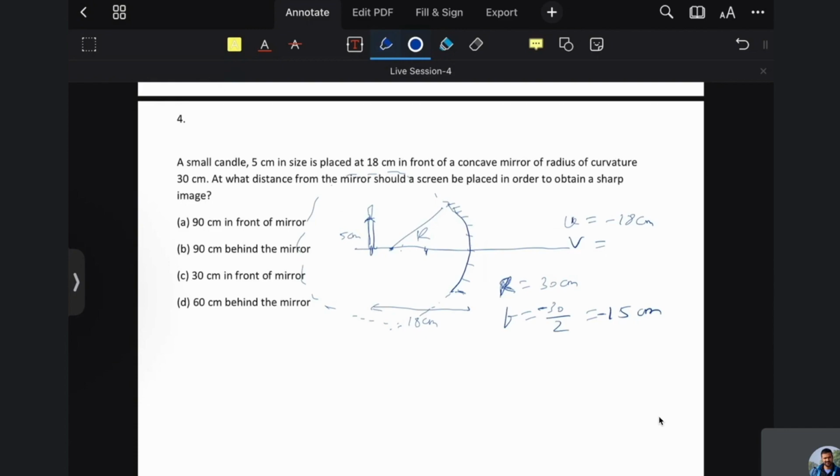Do you know why we are taking the negative sign here? Sandeep? From the relation 1 by f is equal to 1 by u plus 1 by v. No, but why are we taking this focal length as negative? Do you know how the sign convention works?